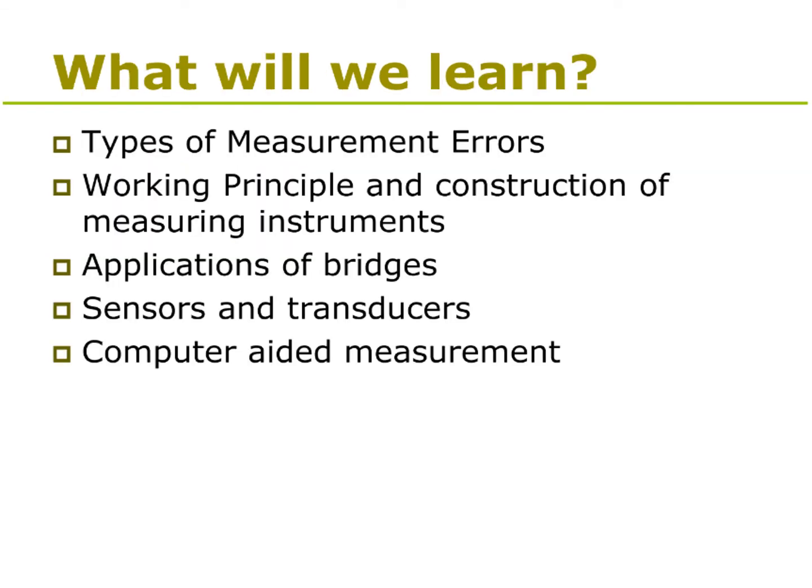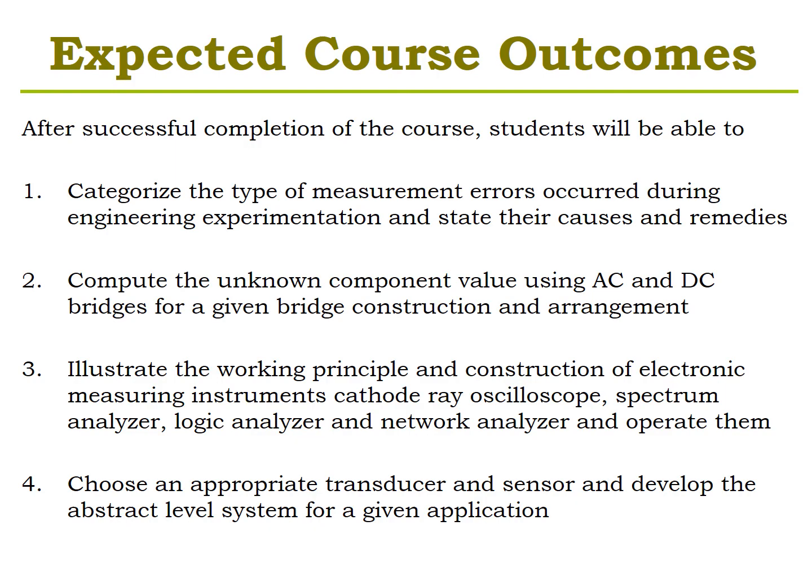And so what will we learn? We will learn types of measurement errors, the principle and construction of measuring instruments, application of bridges, sensors and transducers, and computer aided measurement. So we expect that after completion of this course, students would be able to categorize the type of measurement errors that occur during their engineering experimentation and would be able to state their causes and remedies.